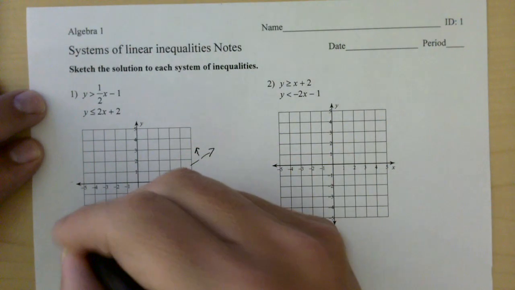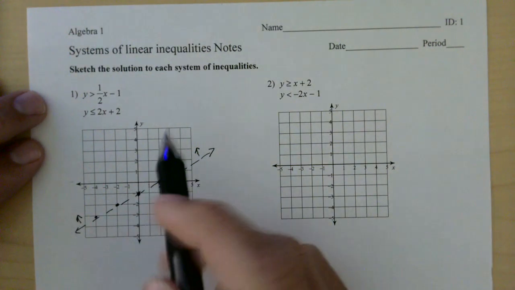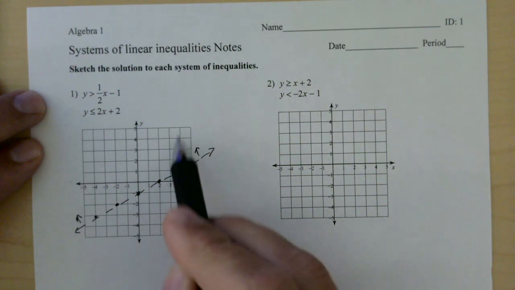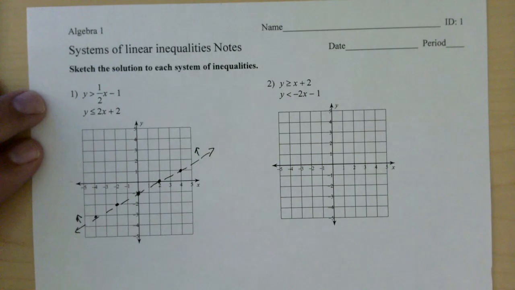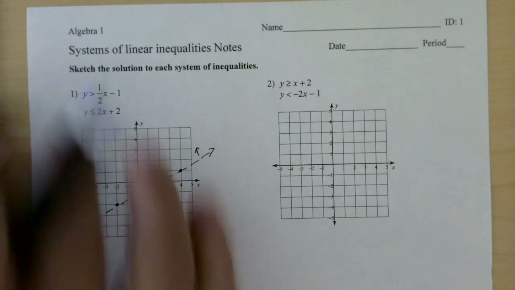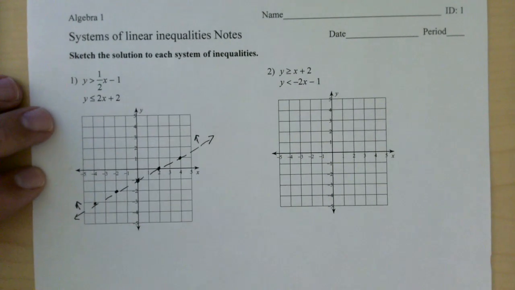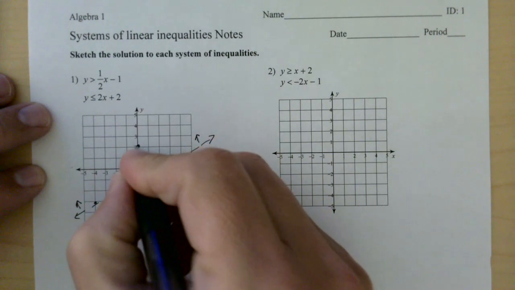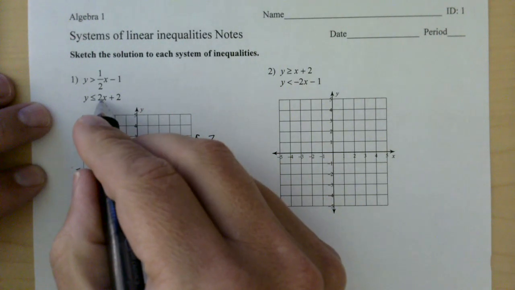Now I'm not going to shade just yet. Just based on this first condition, only points that are above this dotted line will be solutions, okay? But we have another condition. Remember, a system satisfies all the conditions. The second condition is saying that we will start at 2, and we're going to go up 2 and over 1.